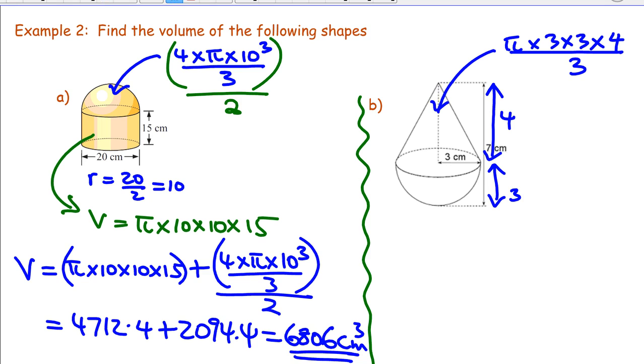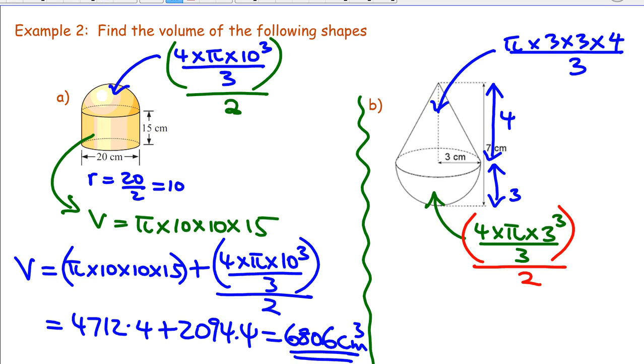Now the volume of this bit will be 4 multiplied by pi multiplied by 3 cubed divided by 3, but then all this divided by 2. Okay.